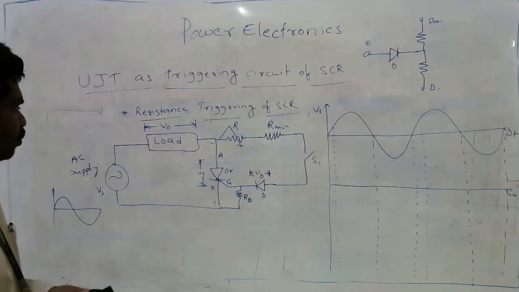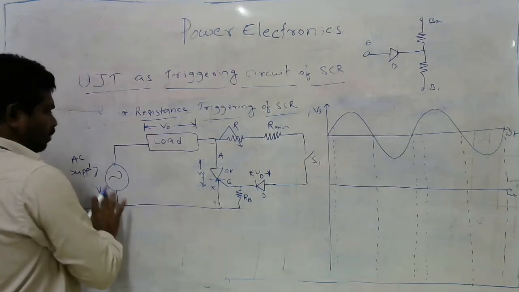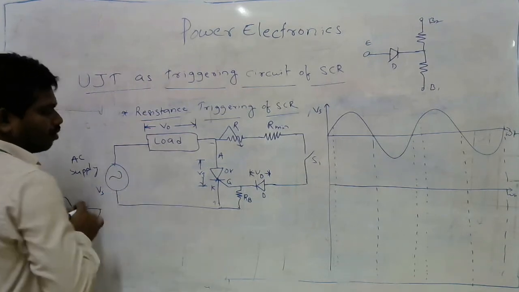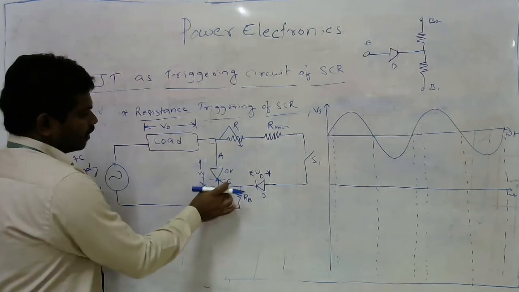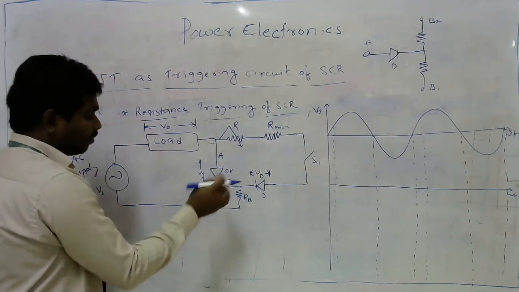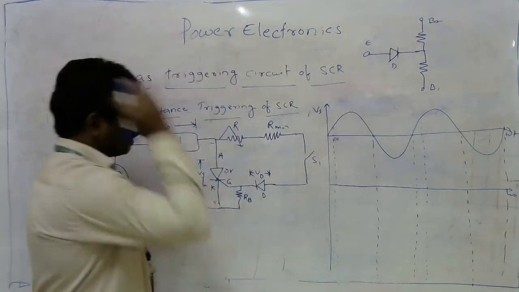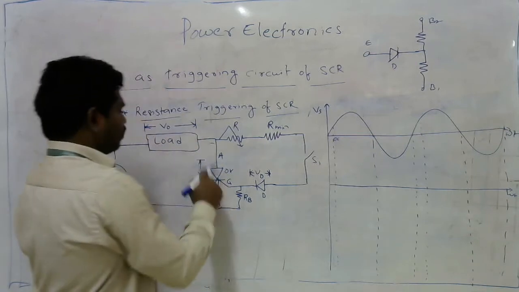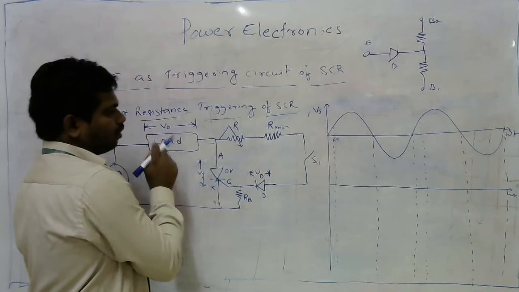Due to the short circuit nature of the SCR, the entire voltage we applied appears across the load. The alpha is decided by this potentiometer, and only after that alpha is the SCR fired on. Then it is short circuited, allows the current to flow, and the entire voltage is available across the load.